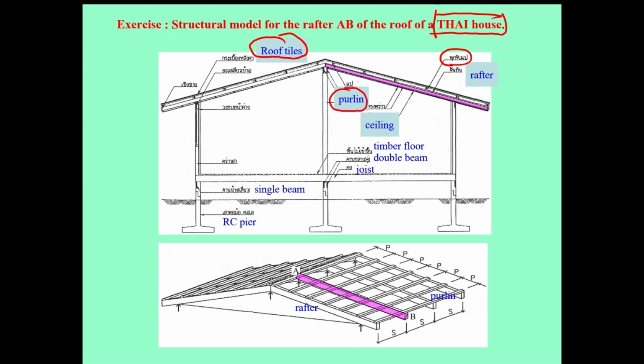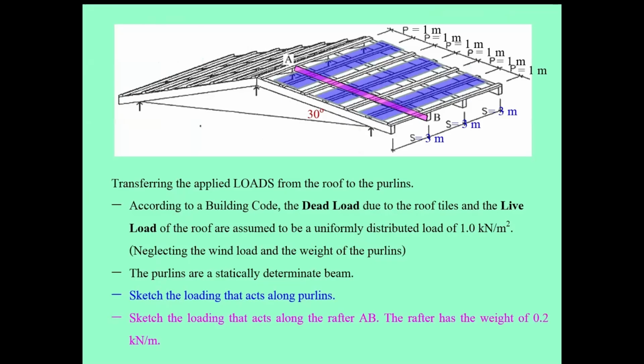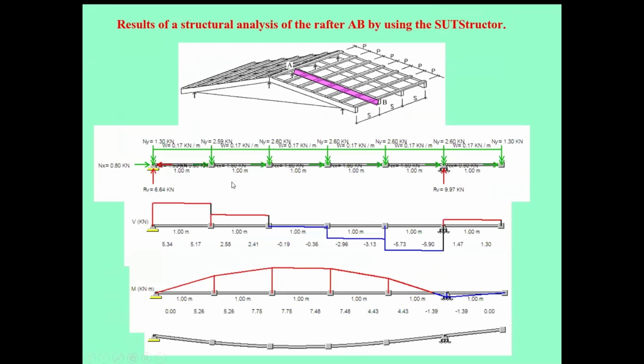If you would like to analyze the rafter, the rafter is subjected to the reaction transferred from the purlin and acts on the rafter, right? And then for the rafter, you make a free body object, okay?